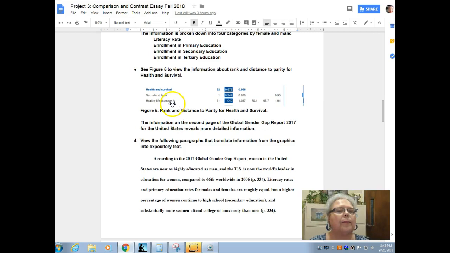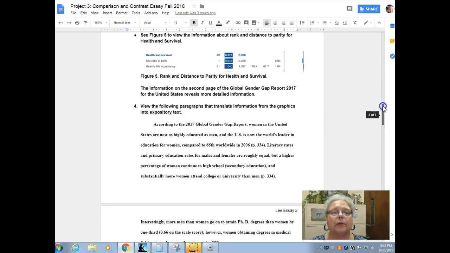And then healthy life expectancy, women are exceeding men there, but overall we're pretty even. But if you look back at 2006, we really dropped. So maybe all people are becoming more healthy, but a lot of countries have passed us.